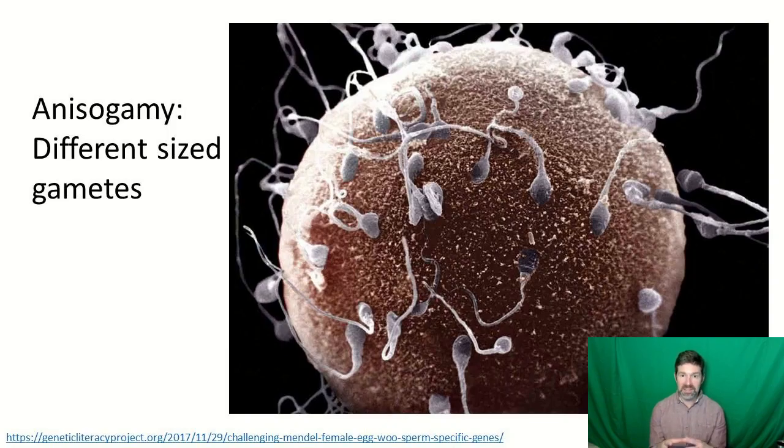So if you were a species that produced the happy medium, gametes that could move and had some resources, that wasn't as good as specializing, as having some gametes that were really fast and some gametes that were really rich in resources. And that is then what has spawned what we think of as this polarity between male and female.